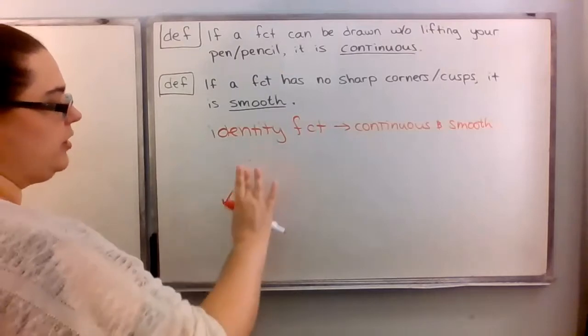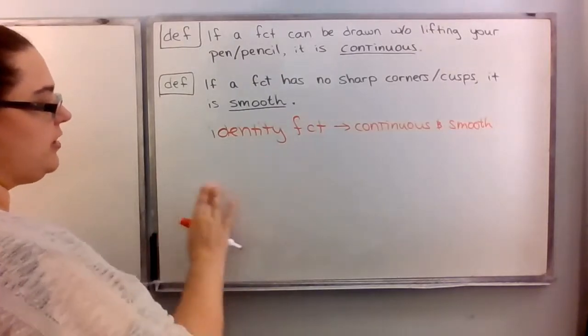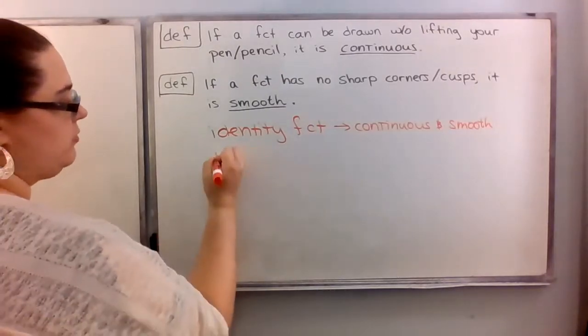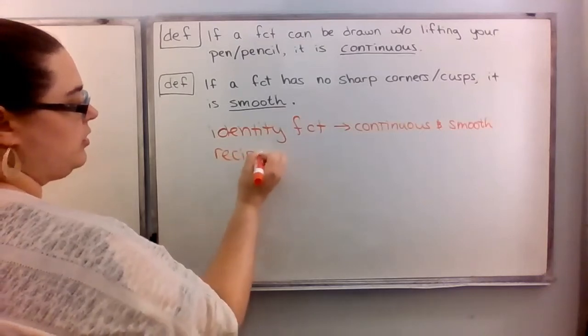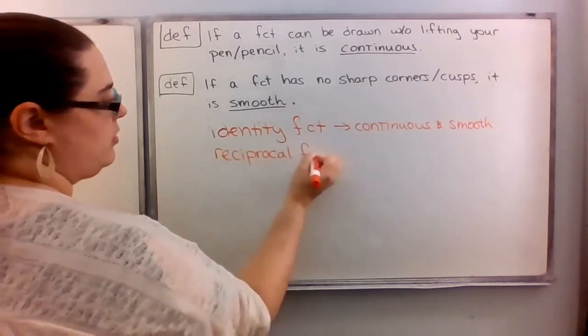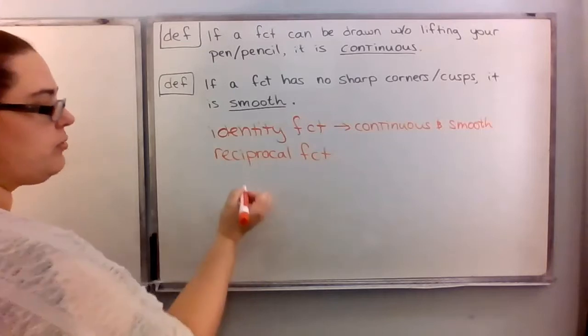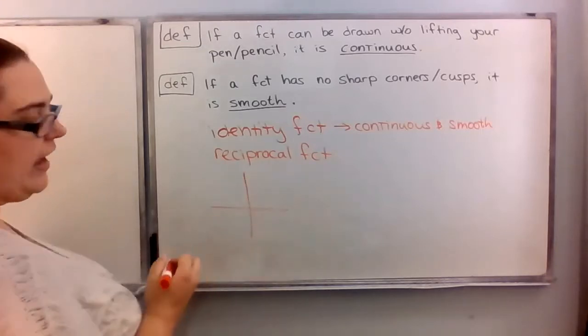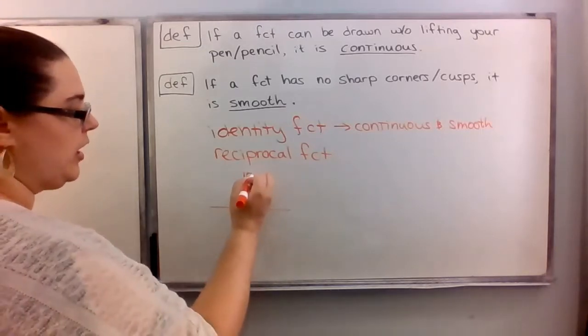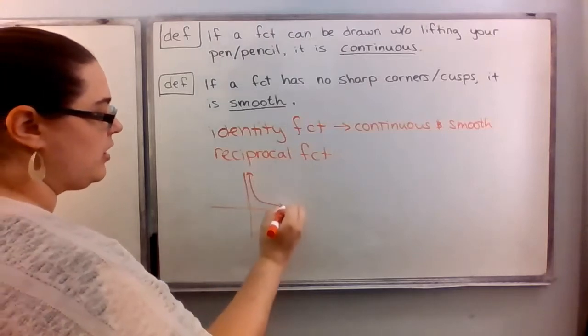Let's think about another one. Let's talk about the reciprocal function. So the reciprocal function had asymptotes, and it essentially looked like this.